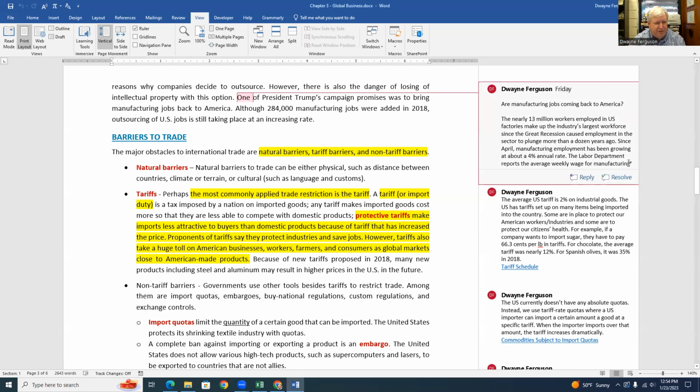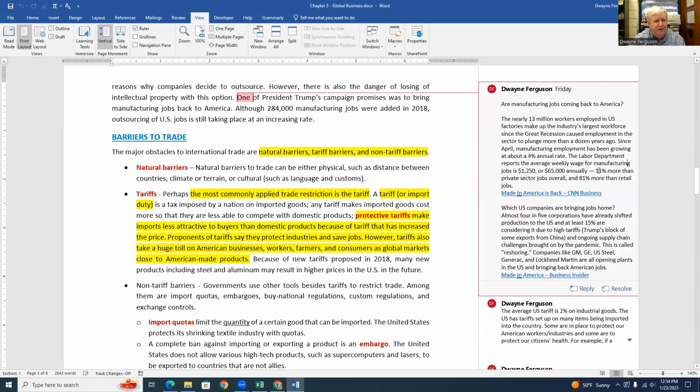So manufacturing jobs are coming back slowly, but if it's growing at 4%, that's pretty good. And the jobs that are there are not just cheap jobs like a McDonald's job. These people are making a living at these manufacturing jobs. So something to think about.